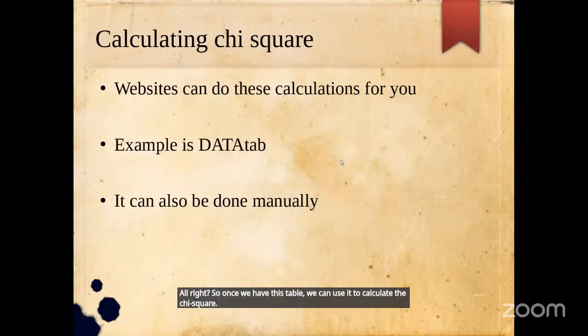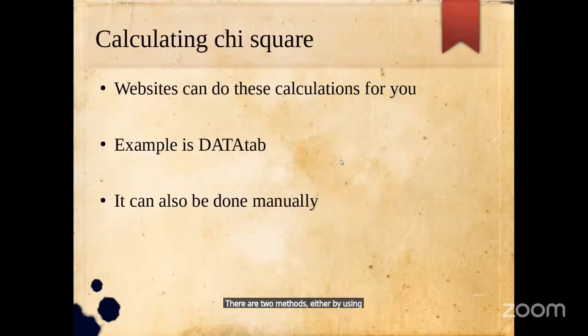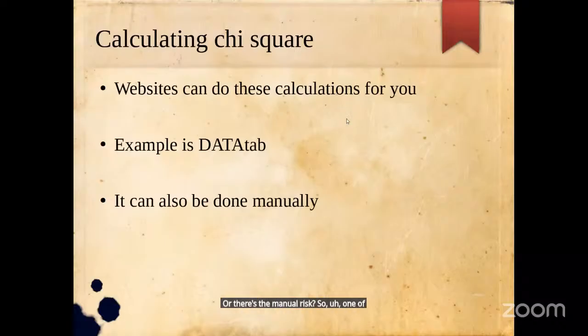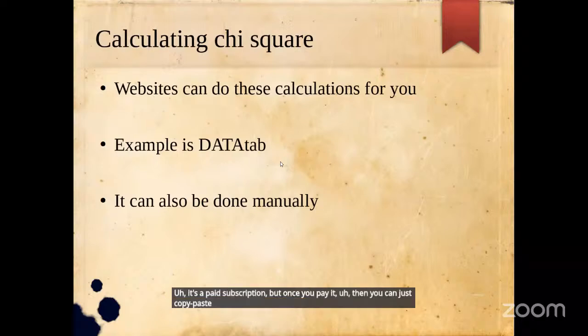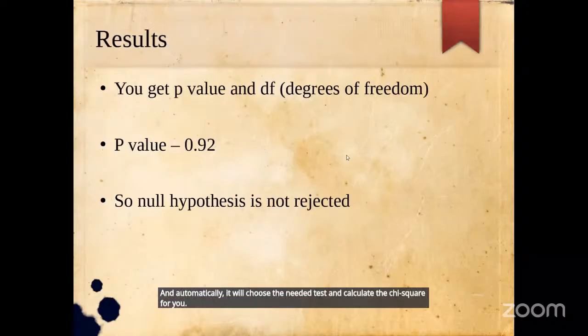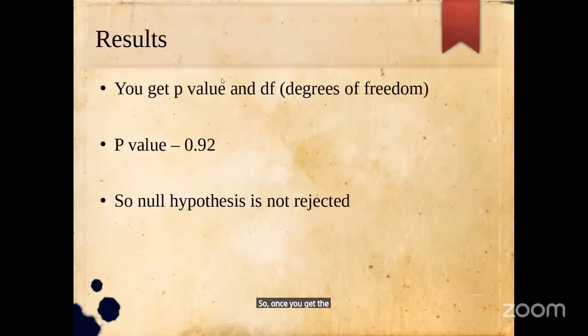There are two methods: either by using websites that directly calculate it for you automatically, or the manual way. One of the ways to do it automatically is by websites such as DataTab. It's a paid subscription, but once you pay, you can just copy and paste the entire table, and automatically it will choose the needed test and calculate the chi-square for you. Once you get the result, they usually give it as a p-value and something known as degrees of freedom.